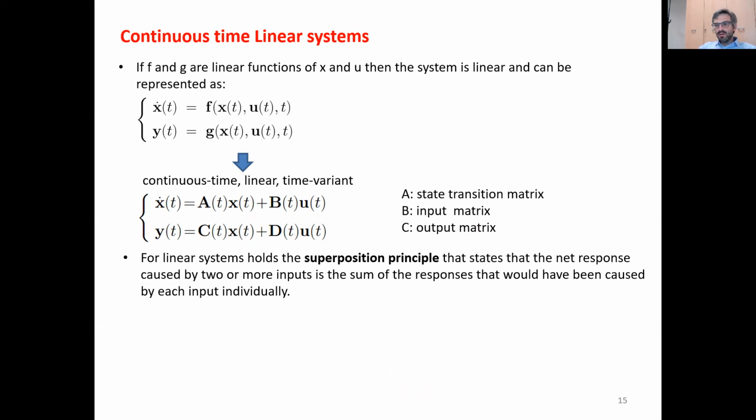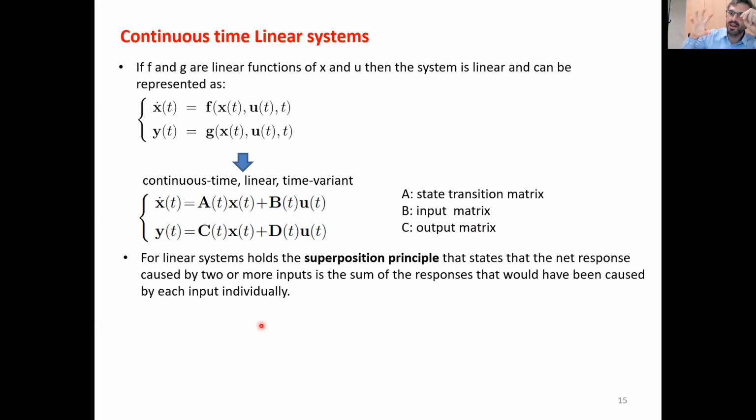The good thing about why we like linear systems is that the superposition principle holds. This means that the net response caused by two or more inputs, say you have two inputs on the system, the total response of the system is the sum of the responses that the system will have if you activate one input at a time.